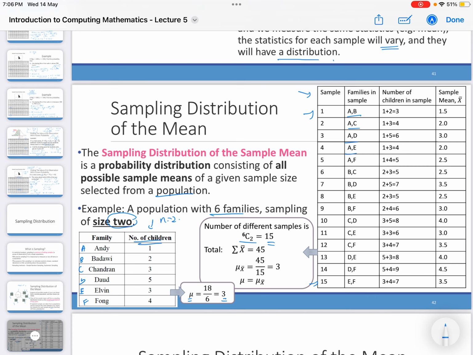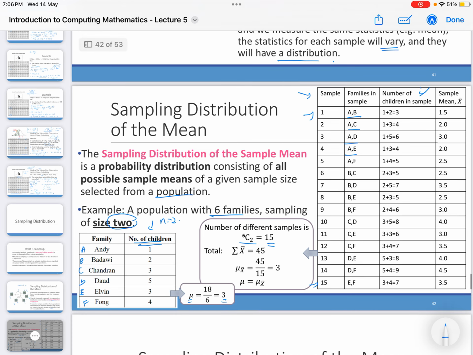And then for each sample, I calculate the number of children. Let's say sample 1 has families A and B, so the total number of children is 2. For sample 2, the total number of children is 1 plus 3, which is 4. And so on. Then we calculate the sample mean.